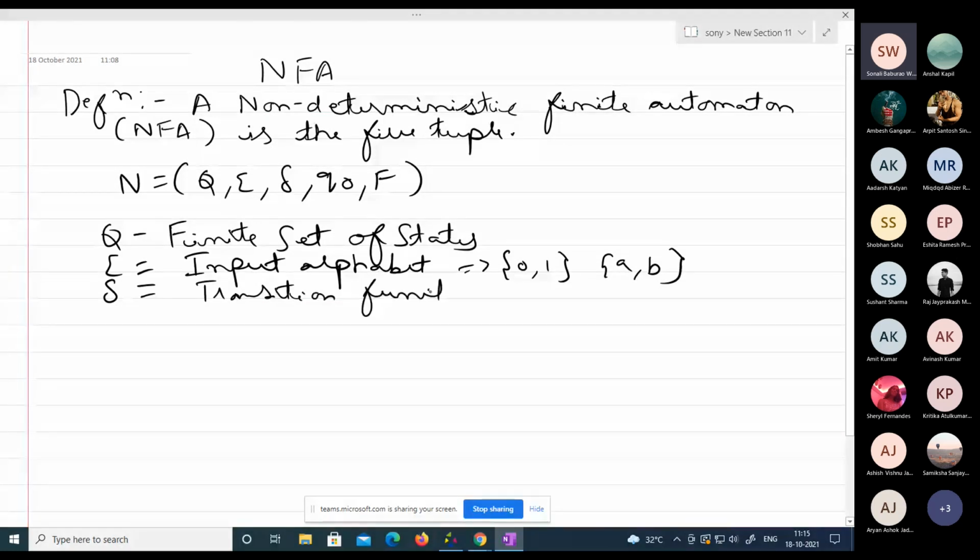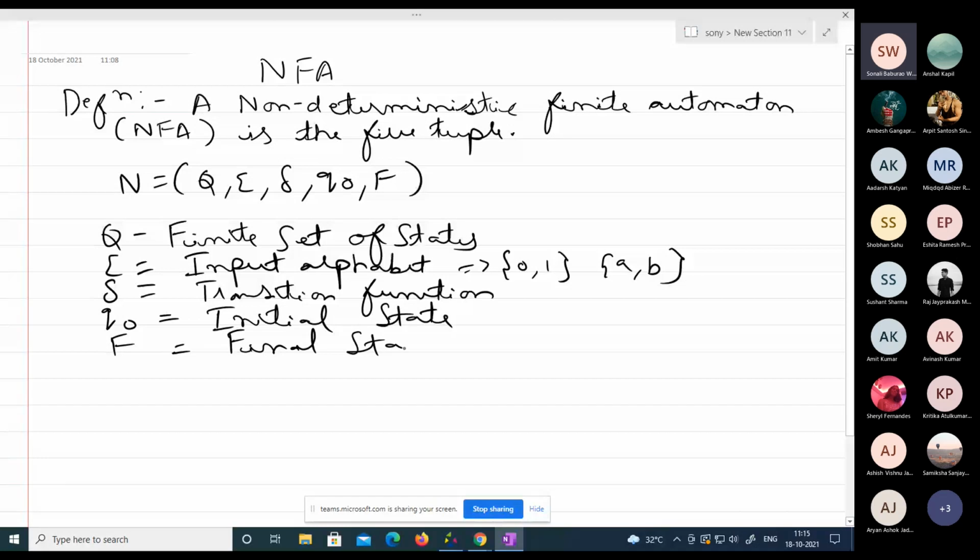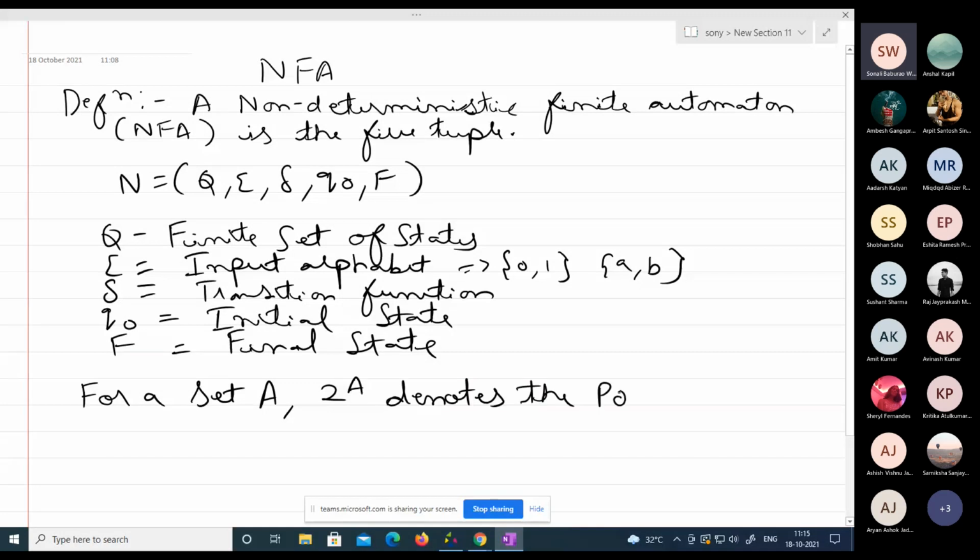Q naught is the initial state, and F is the final state. The major difference over here is that for a set A, 2 raised to A denotes the power set of A.